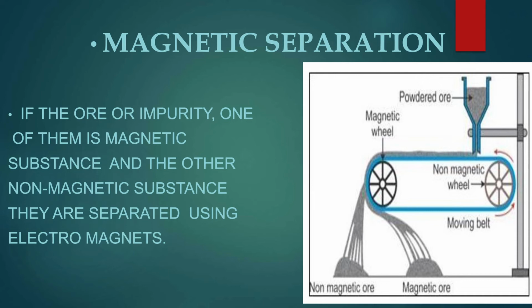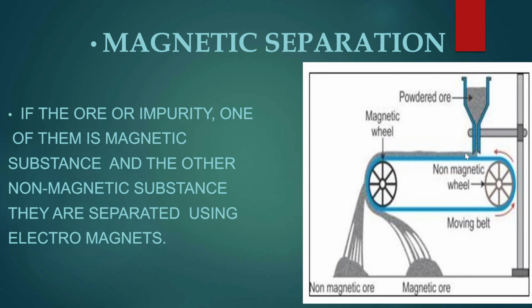Here in this figure you see two wheels, children, on which a belt runs. The powdered ore is taken in this chamber and is allowed to fall on the moving belt. Here this is your non-magnetic wheel and this is your magnetic wheel, and you know magnets attract magnetic material.